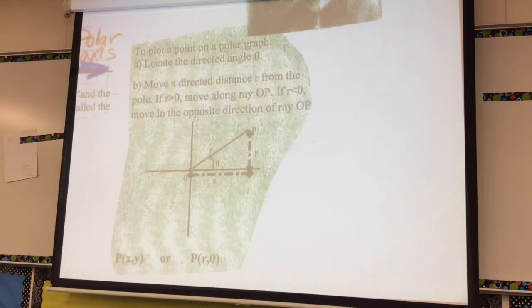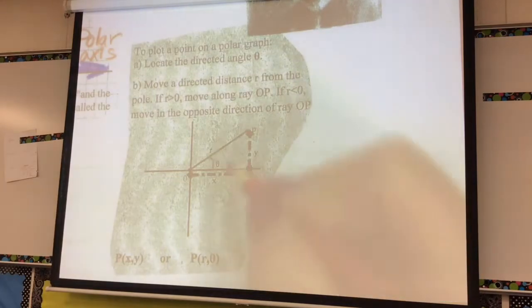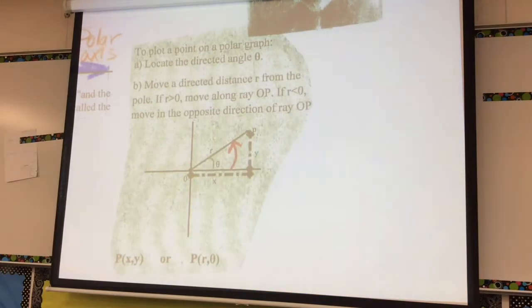I'm going to talk about positive angles for a moment, just to get you a feel for this, and then we'll switch to negative angles in a bit. I'm going to keep my positive angle acute, so maybe 35 degrees or 45 degrees, something in quadrant 1. But I want to see how a positive R versus a negative R affect the picture.